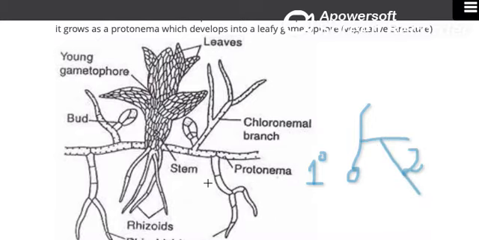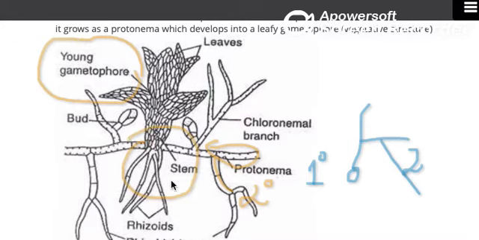Okay, for example, in this picture this region here is the primary protonema, which will give rise to the secondary protonema. Okay, so it is from the secondary protonema that the adult stage or the young gametophore stage arises.